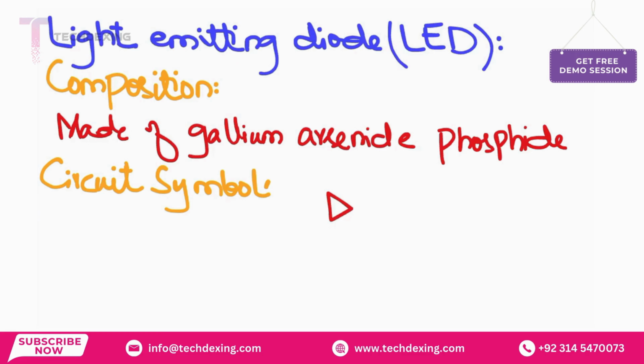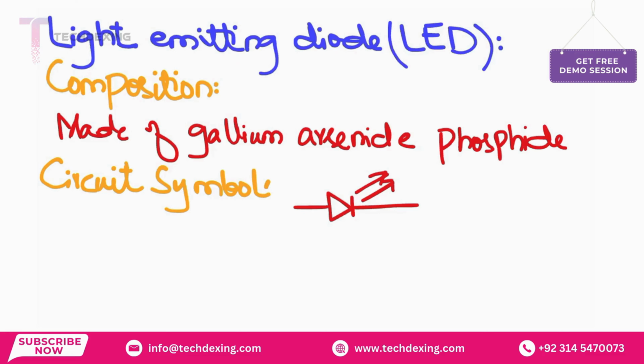Here a triangle, just like we represented the semiconductor diode, and at the front side there is a band present. But one more thing is added: we draw two arrows here.